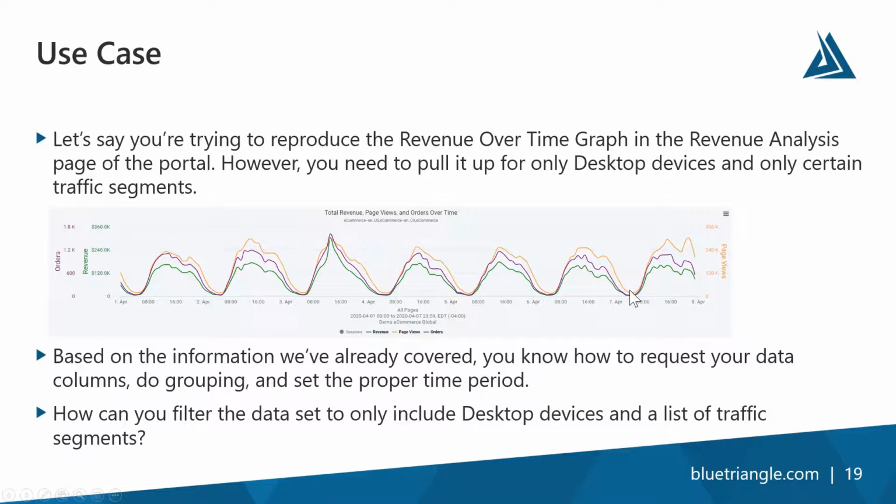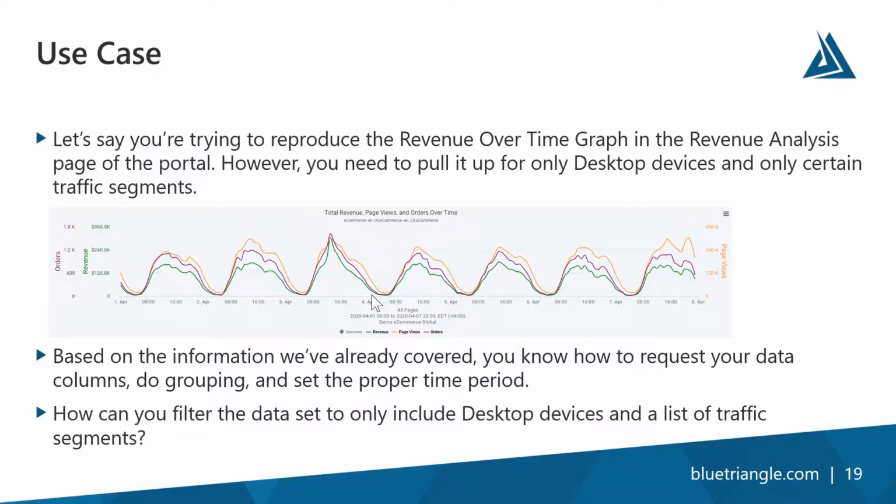Let's say you're trying to reproduce a graph in the portal. Let's say in the revenue analysis page, there is the revenue over time graph. The thing is, you want to only pull it for desktop devices and certain traffic segments.